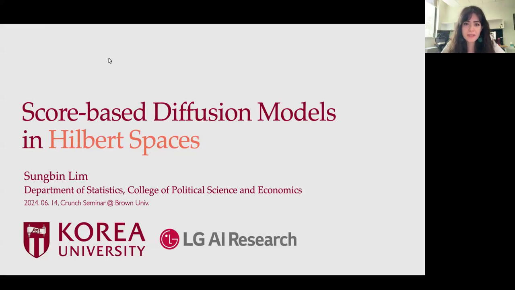Sungbin Lim is currently an assistant professor at the Department of Statistics at Korea University. He earned a PhD in mathematics from Korea University in 2016 under the supervision of Professor Kang Han Kim, and transitioned to the private sector as a senior AI scientist until 2019, and returned to academia in 2020.